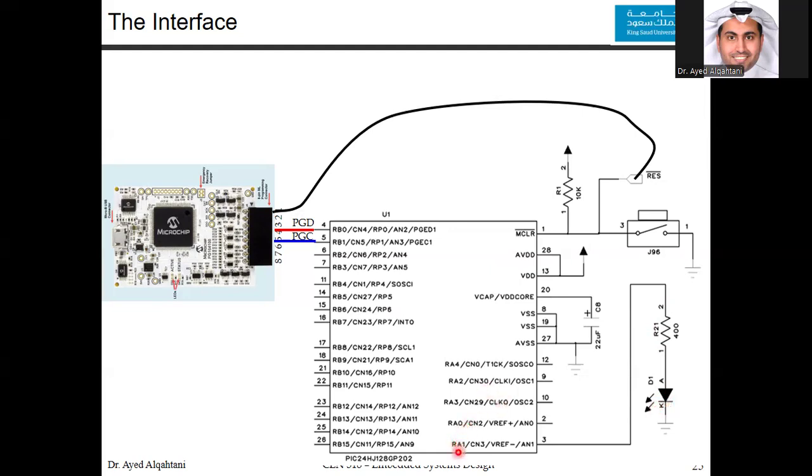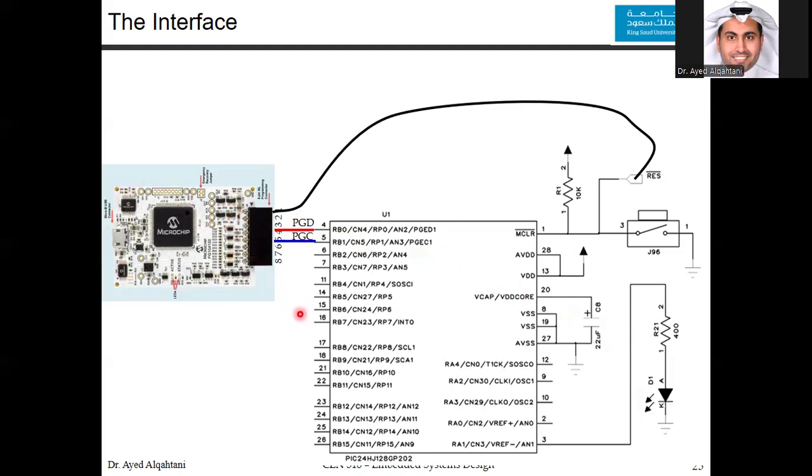RA1 here means that I chose port A, and I chose bit number 1 of port A. I know now port A is from bit 0 all the way to bit 4. So I choose only bit 1 of port A to connect it to the LED.